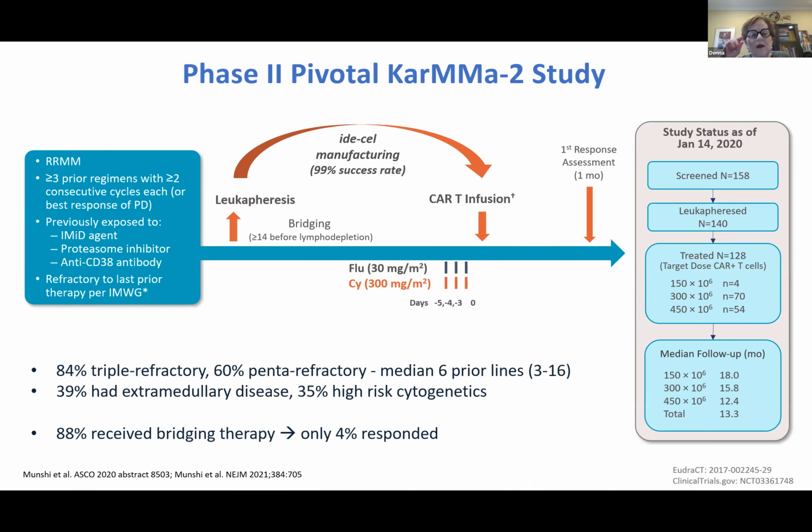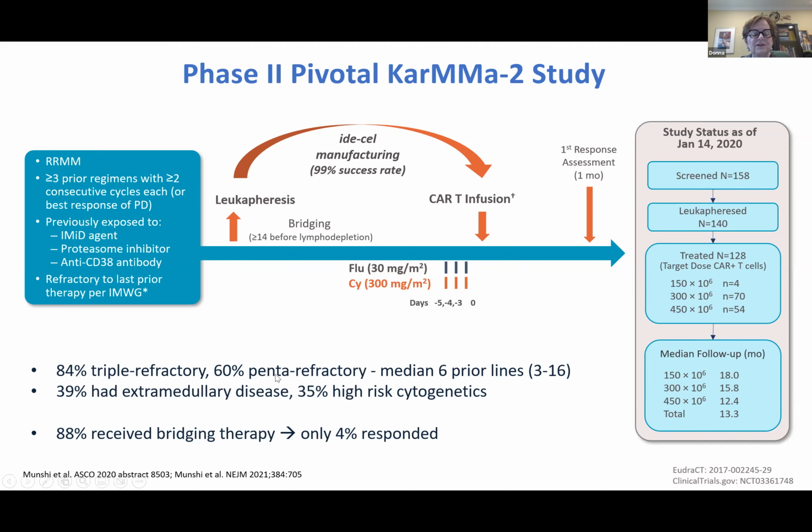So really, the trial that established proof of principle that this treatment could work, I think probably everyone here recognizes, the KarMMa trial. This looked at the situation of myeloma when people had had at least 3 prior regimens, triple class exposed, and growing through their last treatment, refractory to the last treatment.